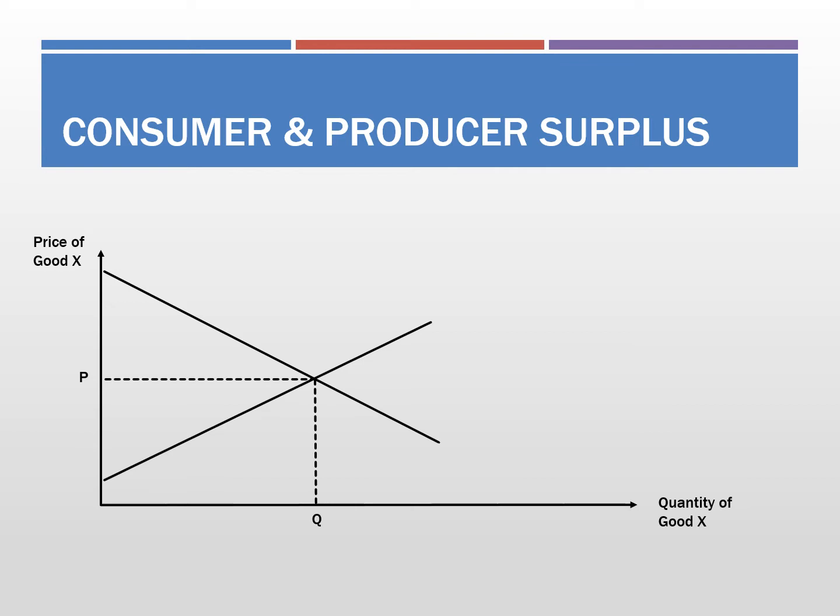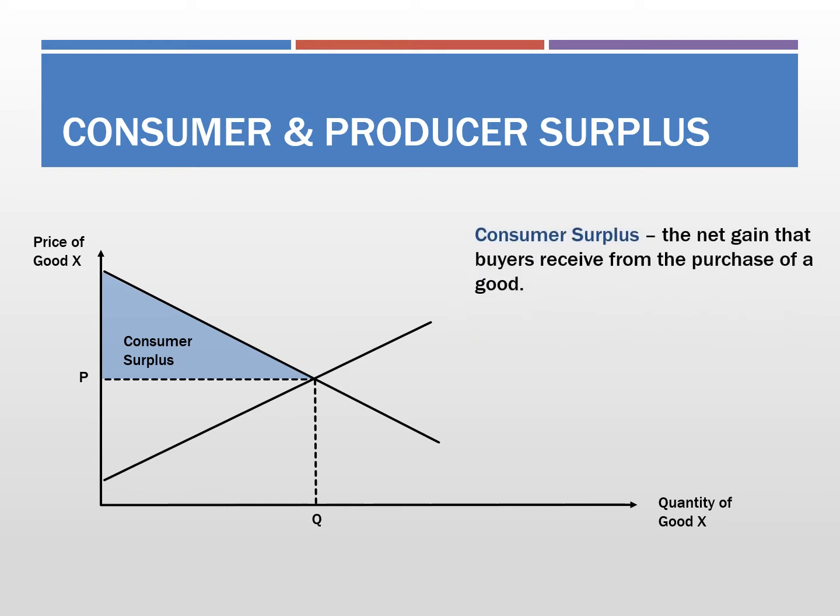As discussed in the previous chapter, we evaluate the consumer surplus in the market when the market is at equilibrium, and also the producer surplus when the market is at equilibrium. Those are the two areas that we can calculate easily on the graph.